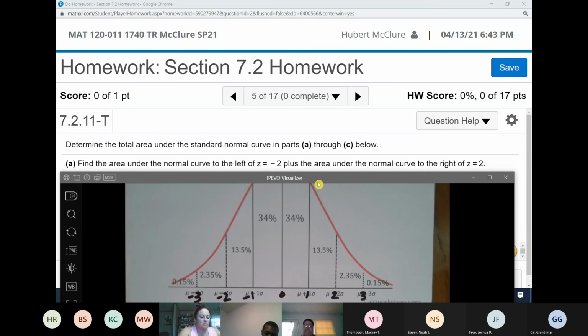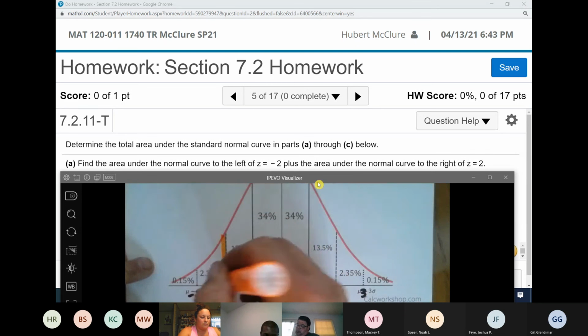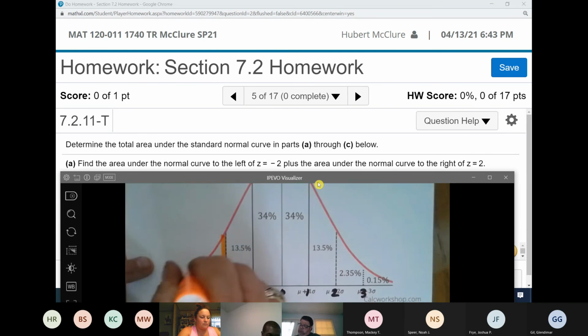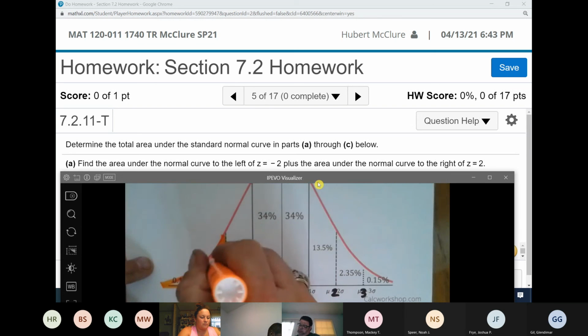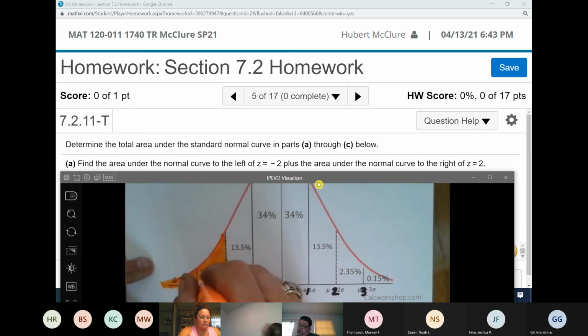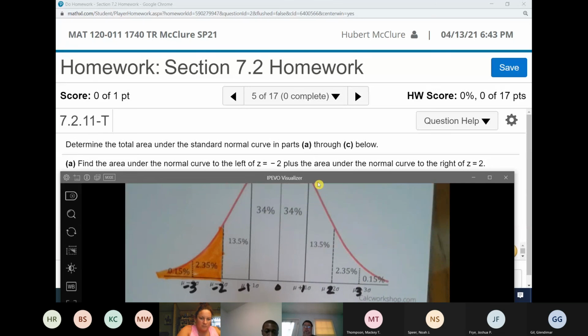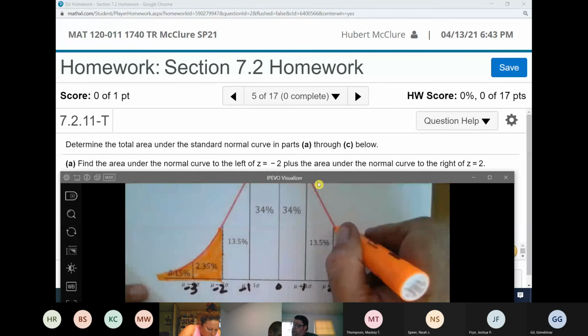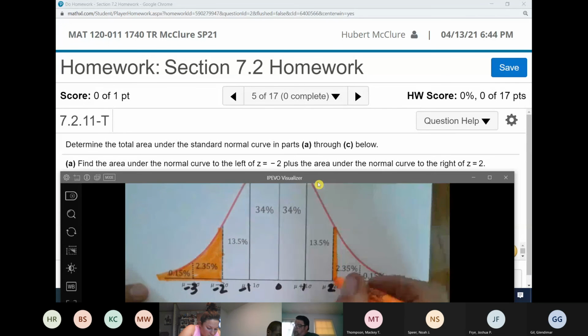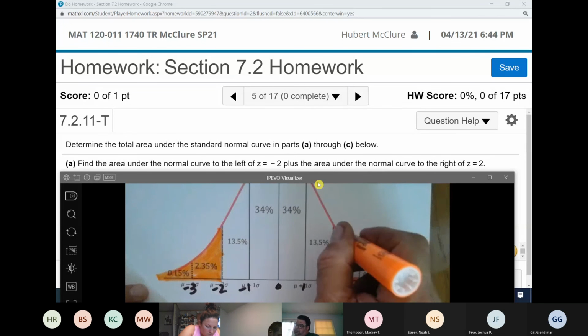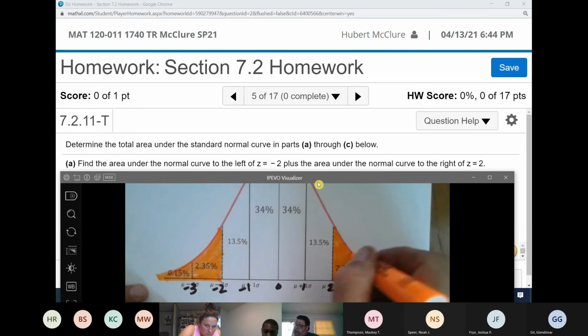That'll be this side. And to the right of what? +2. Oh, man, this is a good test question because you can do this by the empirical rule. It's not going to be perfect.